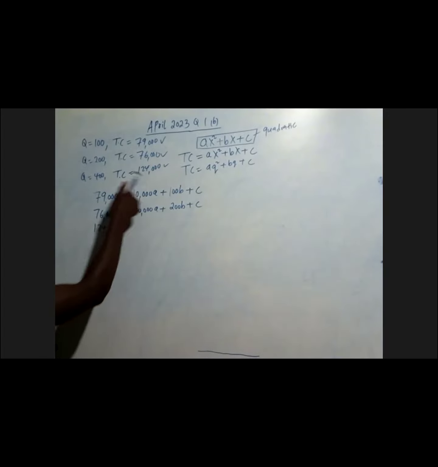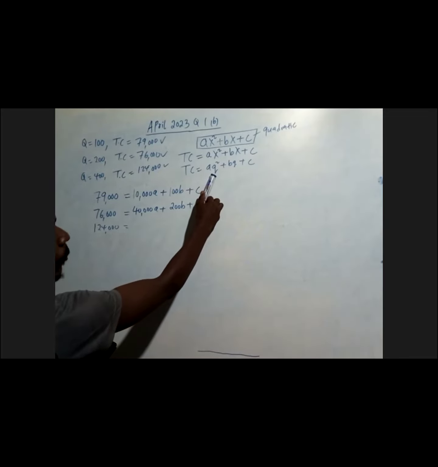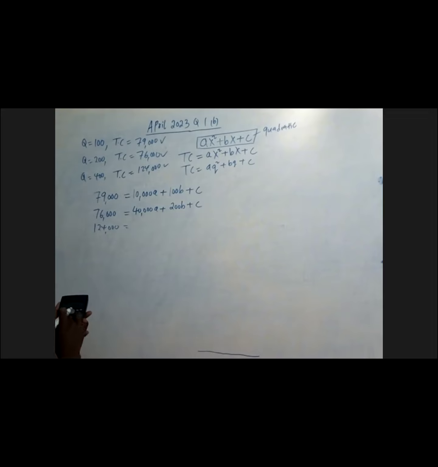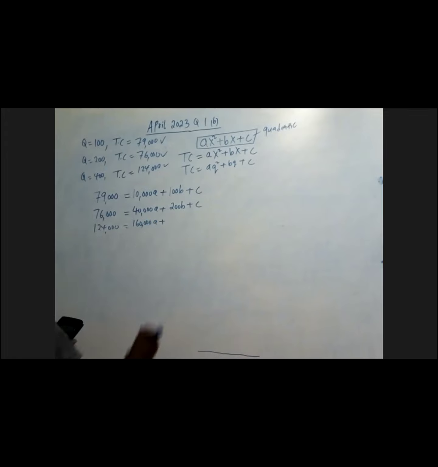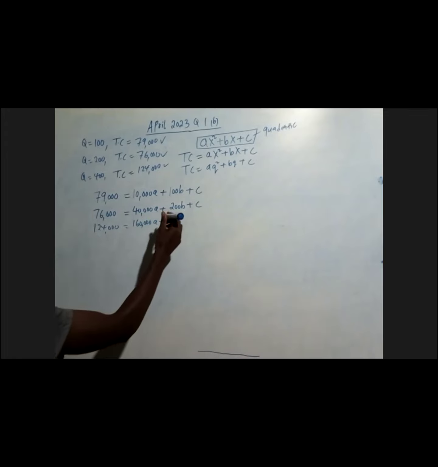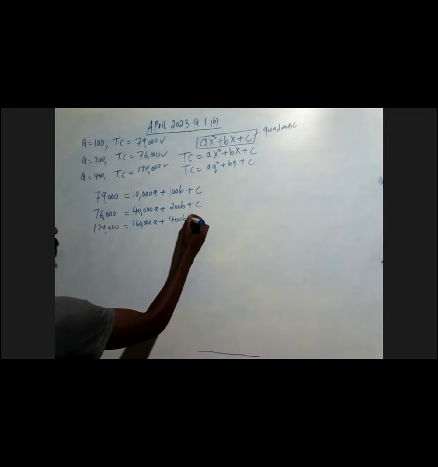Now, when it is 124,000, we know Q is 400. But for the first part, for A, 400 is squared. So 400 squared is 160,000 A. And then this one is not squared, so it remains 400, plus C.